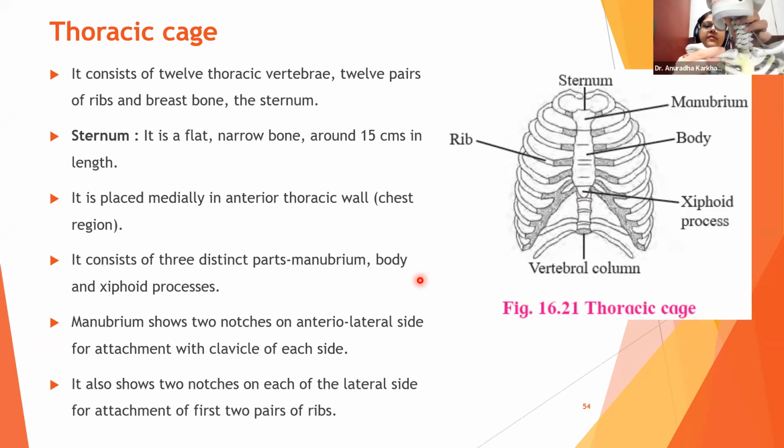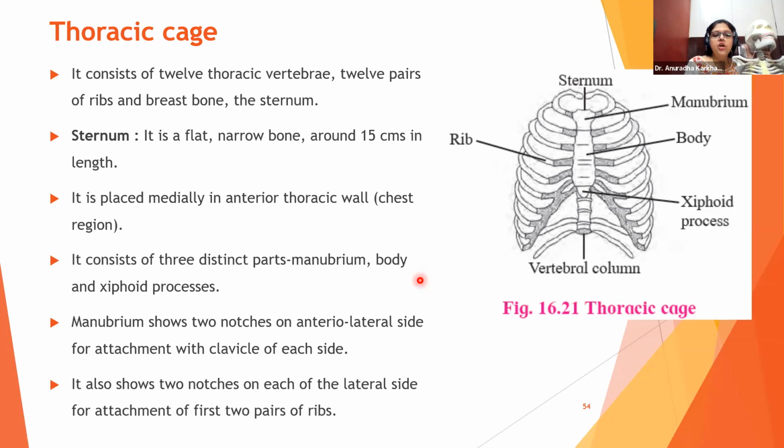This bone, where is it fitted? See, it is fitted in the manubrium. Correct? It's perfectly fitted into the manubrium. So manubrium shows two notches on anterior lateral side for the attachment of clavicle. So ये जो bone है ना, ये shoulder bone, ये देखो ये वाला, इसको हम कहेंगे clavicle.